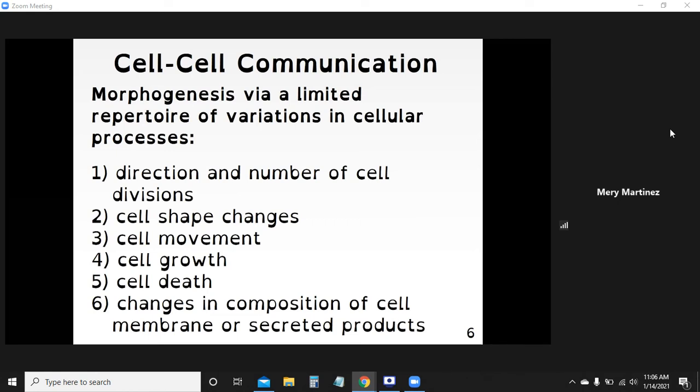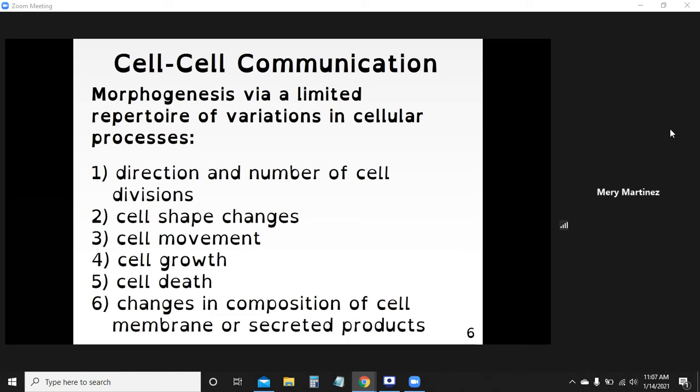So within these 2 types of cellular arrangements, epithelial and mesenchymal cells, morphogenesis is brought about through a limited repertoire of variations in cellular processes: the direction and number of cell divisions, cell shape changes, cell movement, cell growth, cell death.